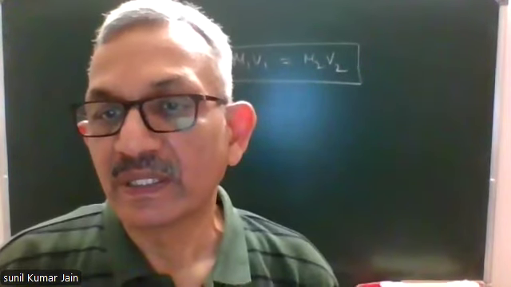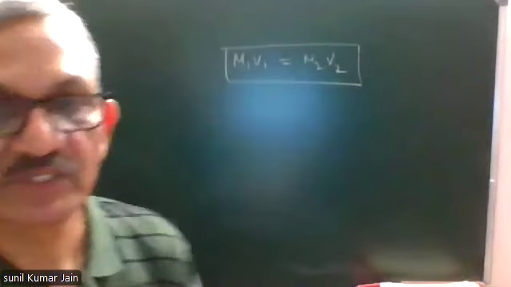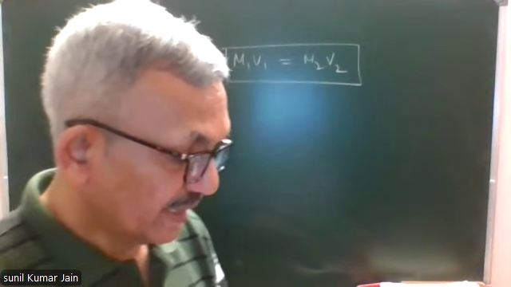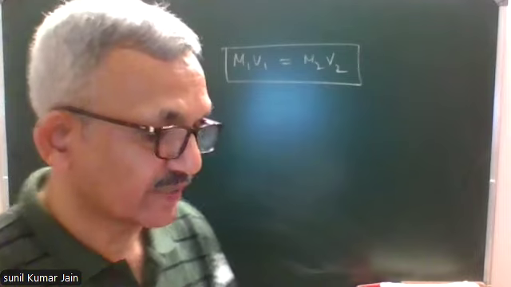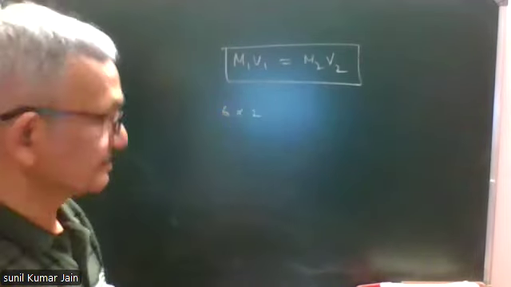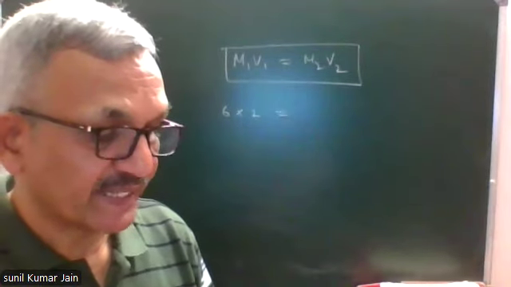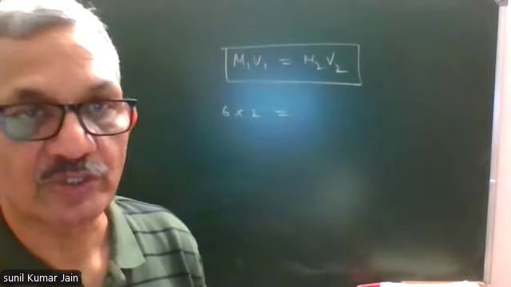Now, one numerical on this formula. This is numerical number 28. Check your WhatsApp message. 2 liters of 6 molar solution of NaOH is diluted. It means initial molarity is 6, volume is 2. Diluted by the addition of 4 liters of water, calculate molarity of the diluted solution.